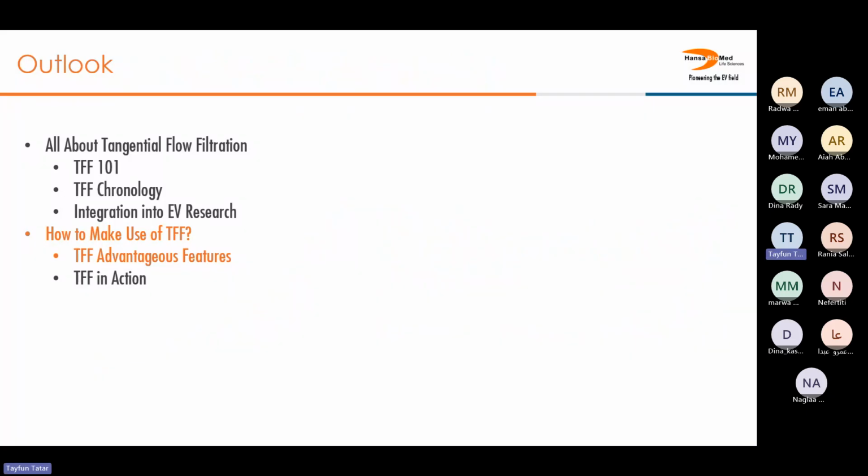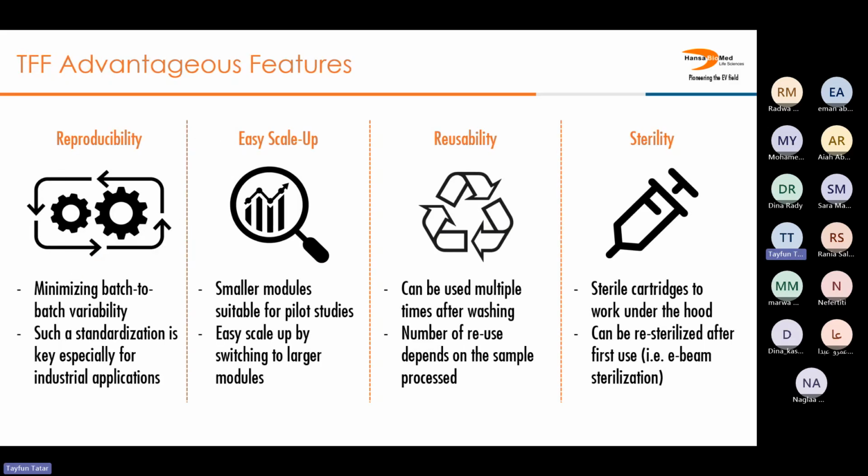But apart from the main technical points of tangential flow filtration, how can it be used, and what advantages and features does it bring to EV isolation? First and foremost, the most commonly pronounced advantage of tangential flow filtration is its reproducibility, because either for research or for industrial purposes, you need to make sure that batch-to-batch variability in your EV isolates is minimized in order to reproduce the same results for diagnostic or therapeutic purposes.